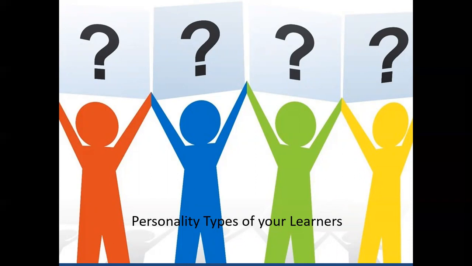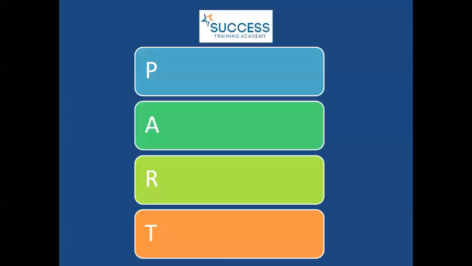So let's check out this model that we've got, which is the PART model. And I invite and encourage you to do extra research on this and check it out. This is my ultimate interpretation of it, and how you can best use it to your advantage. Okay, so there are 4 major learning types that you're going to come across, or learning behaviors, so to speak.